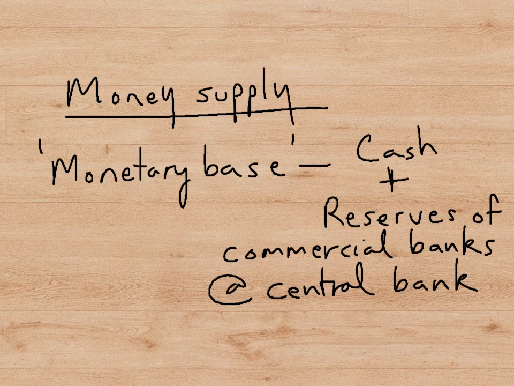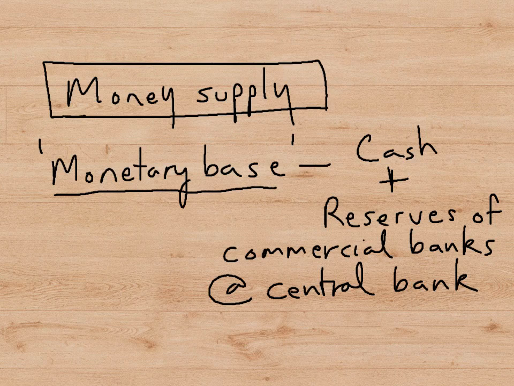Now, we first of all have to understand how we can change the money supply by looking at this word, the monetary base. The monetary base includes two of the elements that we defined as money. It includes cash, and it includes the reserves of the commercial banks at the central bank.